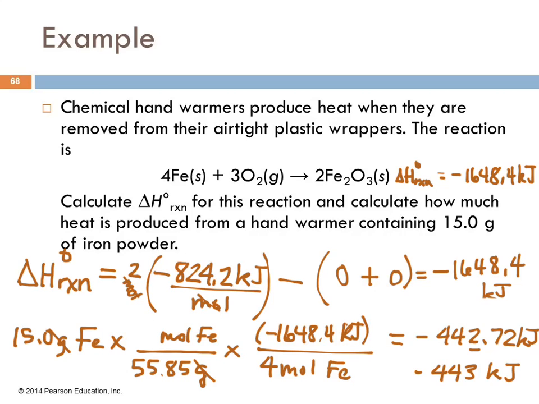Now when we say how much heat is produced, 443 kilojoules. The sign is there. The sign tells us the energy is being released, but when we talk about it, we would say 443 kilojoules are produced, and the sign is in the produced. If it was positive, we'd say 443 kilojoules were absorbed or used or something.